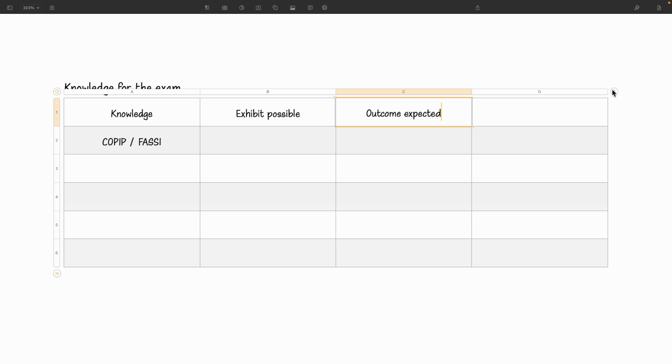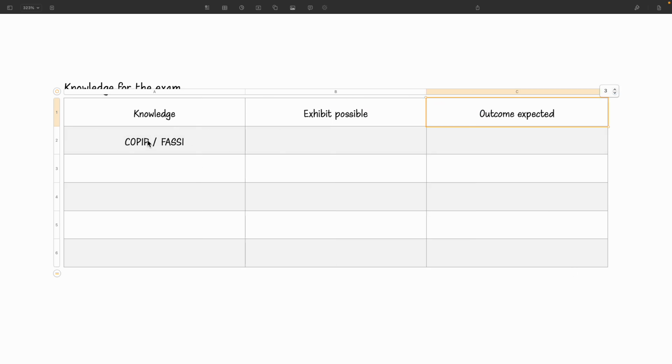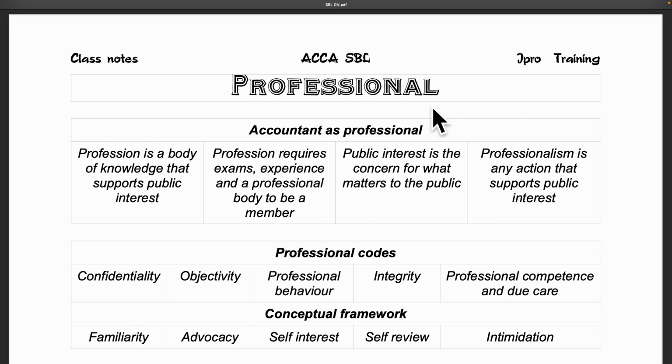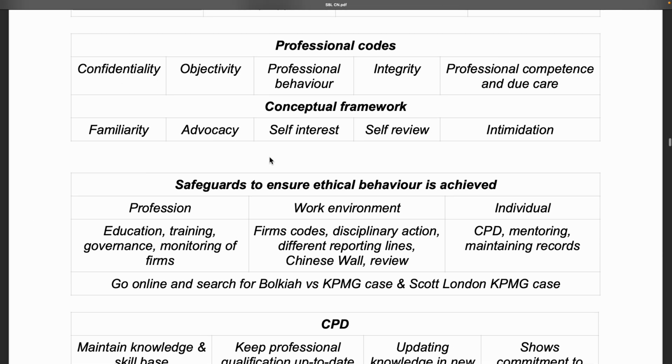So you might have, for example, copy fussy, which is from this part. Remember, you don't need to know everything. You just need to know the copy and fussy.